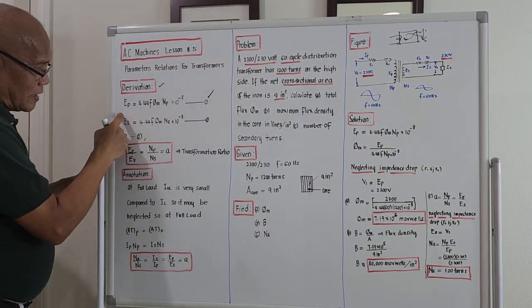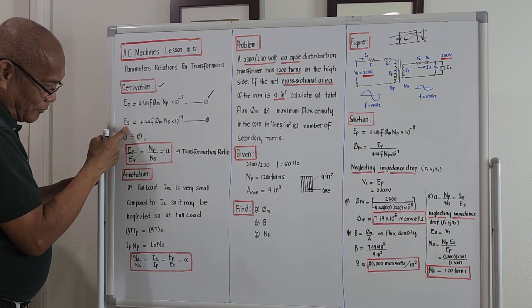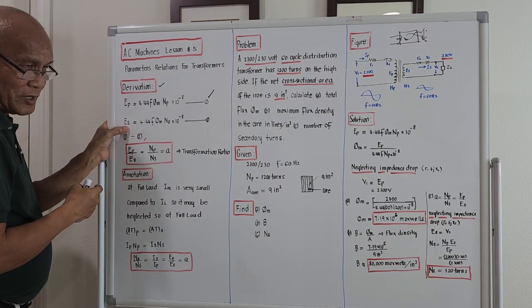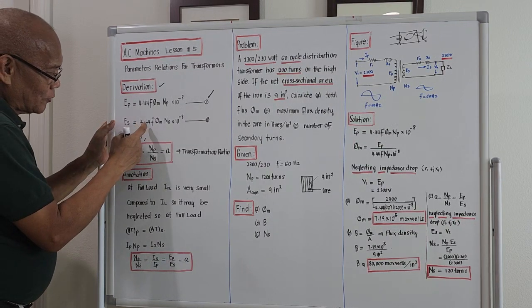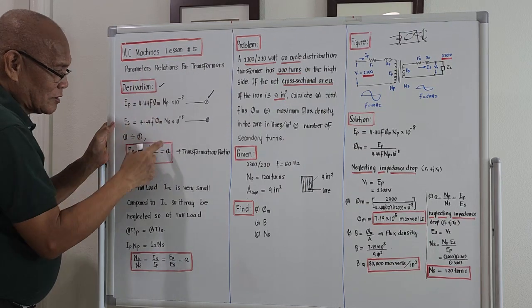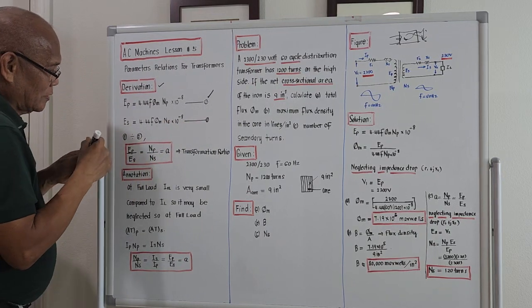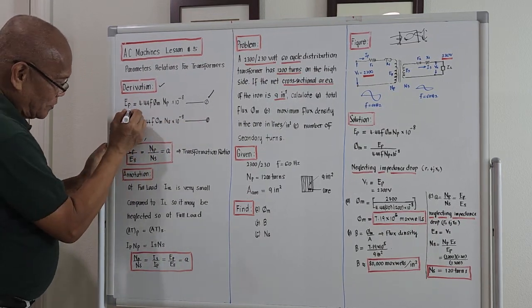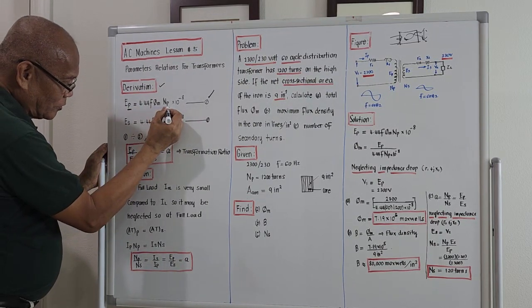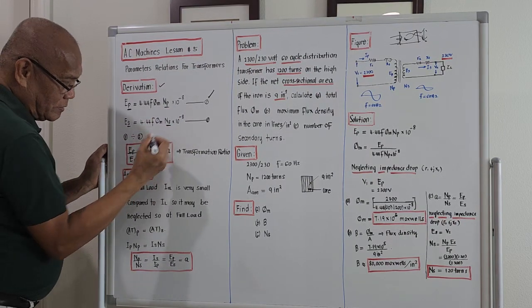Formula number 2 is actually similar to formula number 1, that is E with the subscript S, meaning S here is for the secondary: 4.44 times frequency times flux times capital letter N with the subscript S times 10 to the minus 8. So just take note of this. If this is primary, this should also be primary. If this is secondary, this should also be secondary.